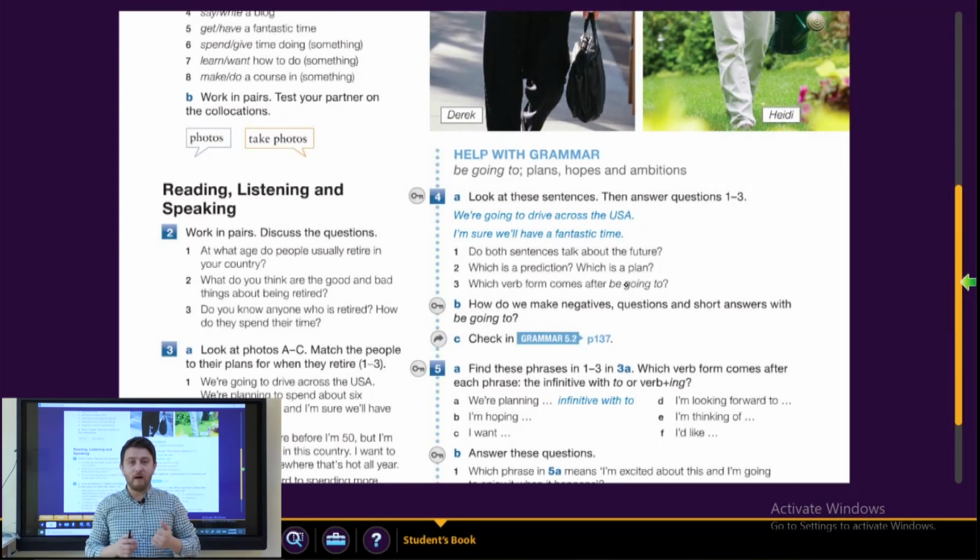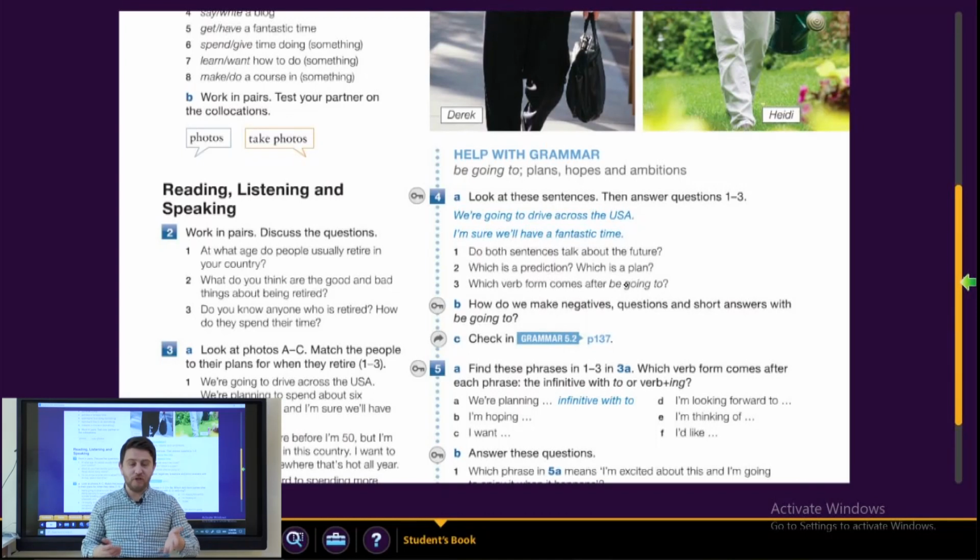Let's give another example. Like, I'm going to start my future plan. I'm going to start a Russian course. And my prediction on that, for example, as we said: I'm going to start a Russian course and I think I'll learn it really quickly.